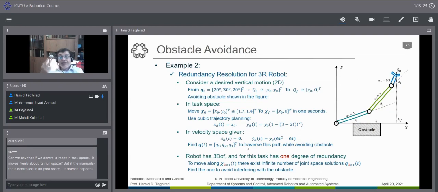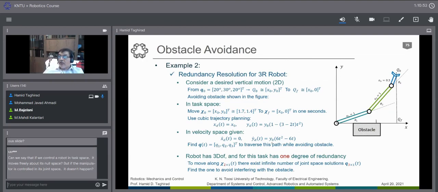We have two requests here, 2 degrees of motion in the task space, but we have 3 variables in the joint space. So this is a redundant problem, and we can have infinitely many solutions for that.